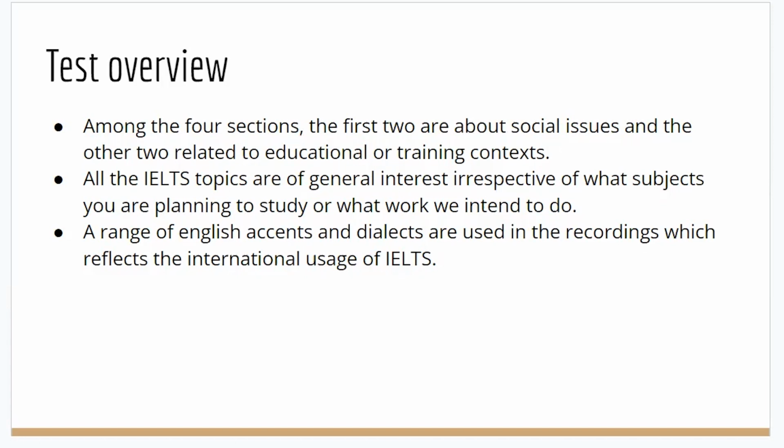It may be a telephone conversation or a direct conversation. It depends. And the other two sections will be related to educational or training contents, such as a discussion about a project or an upcoming seminar, or about a place, or explaining something about that and so on. So this is how the four sections work.